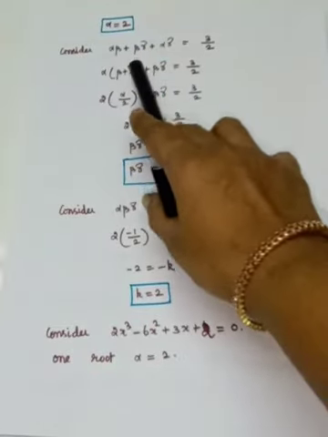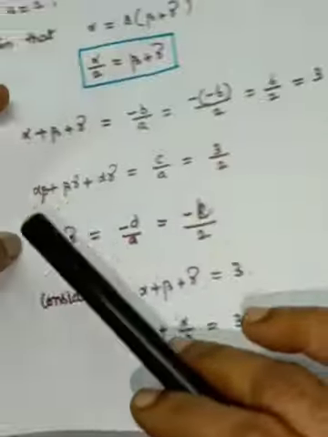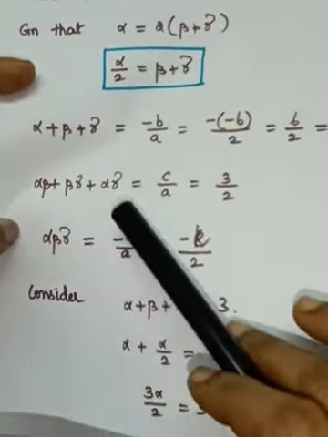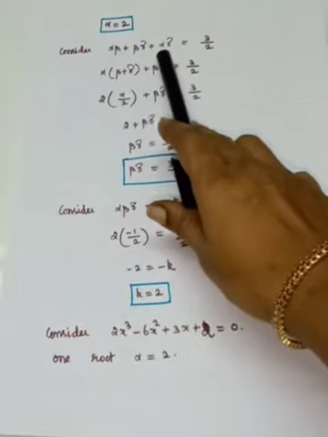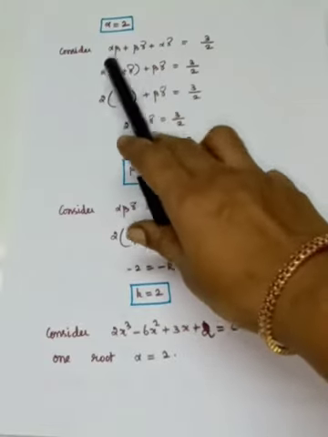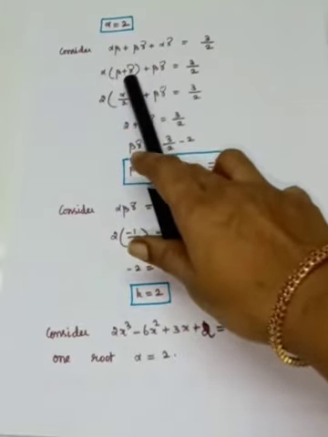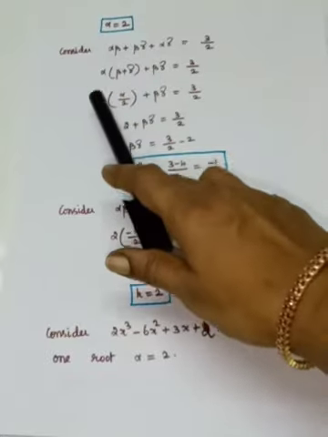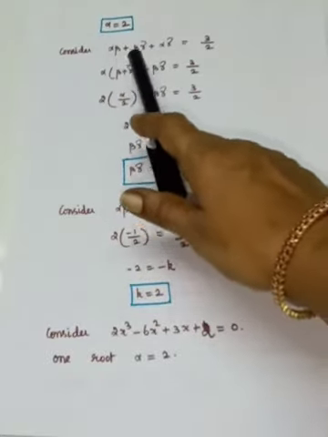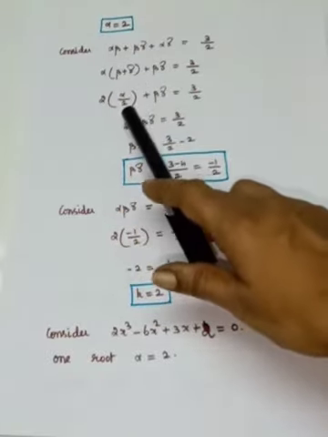And take the second result. Alpha beta plus beta gamma plus alpha gamma is equal to 3 by 2. So from this, the first term and the third term, if we take alpha out, it is alpha into beta plus gamma plus beta gamma is equal to 3 by 2. Alpha we have found 2, and from the given condition beta plus gamma is equal to alpha by 2.